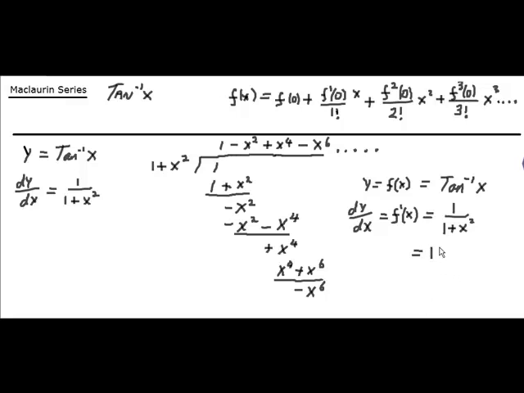A long division, if we just divide it in, we actually get it in a series format, just like Maclaurin series. 1 minus x squared plus x to the power of 4 minus x to the power of 6, and so on.